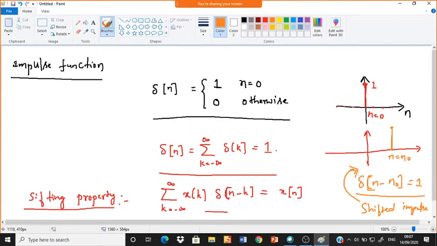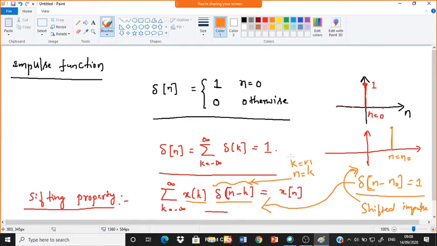The same shifted impulse we have used here. At any shifted value of k, this is the shifted impulse, and this is any signal you take, x of k or x of n. Here I have used the variable k. So x of k into the shifted version del of n minus k is equal to x of n. This del function becomes 1 when k becomes equal to n.